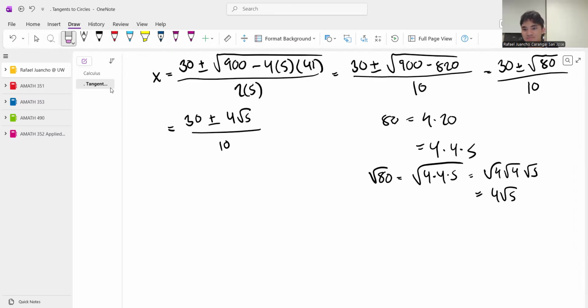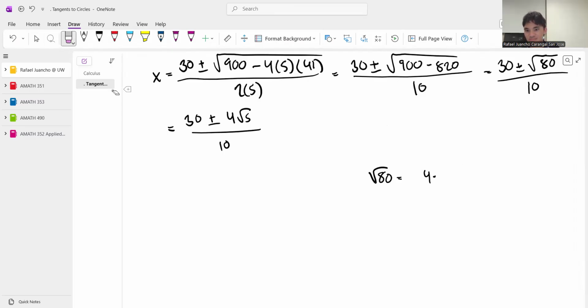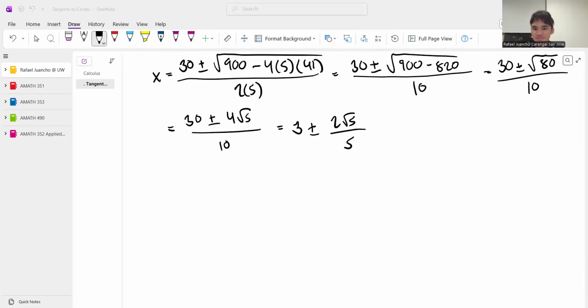Okay, this looks like it makes sense. And then we would get 3 plus minus 2 square root 5 over 5. See if I got that one. Okay.